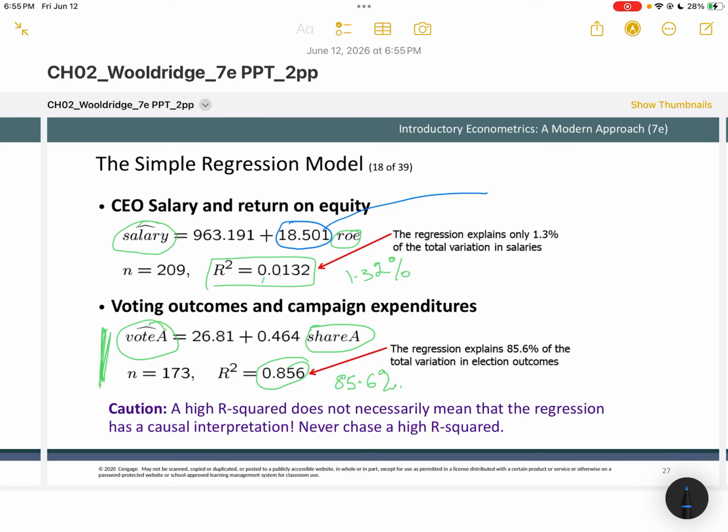How do I interpret this? For every unit increase in ROE, salary increases by, since salary is in thousands, $18,501 on average, right? We know this, or we call this level.